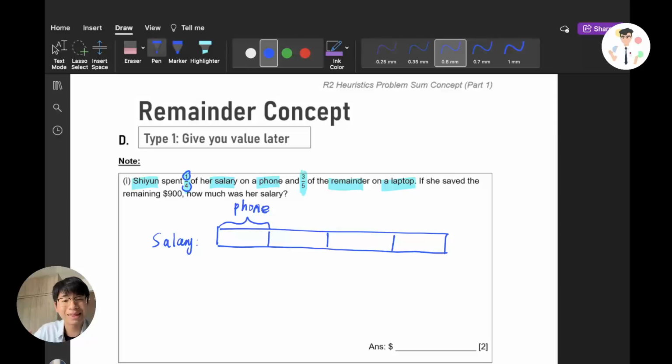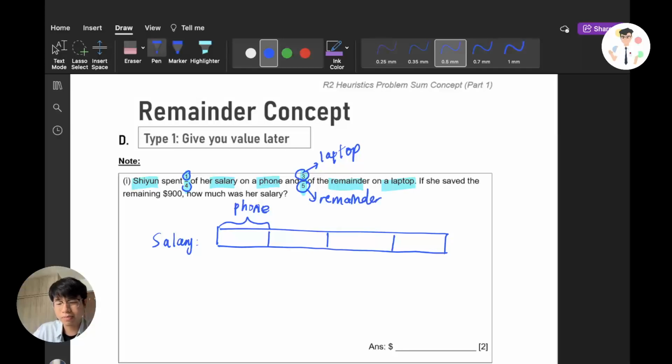Okay, now next part, this 3 will be what I left over, the remainder, and this 3/5 now is built on the remainder. Now I repeat, 3/5 of the remainder on the laptop. Now this 3 is talking about the laptop, and this 5 is talking about the remainder.